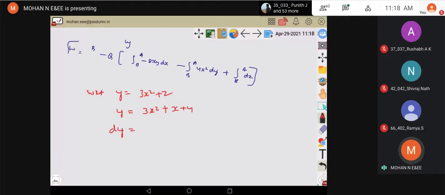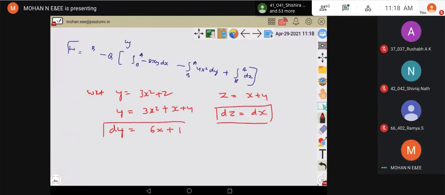dy is equal to 6x plus 1, and z is given as x plus 4, so dz is equal to dx.